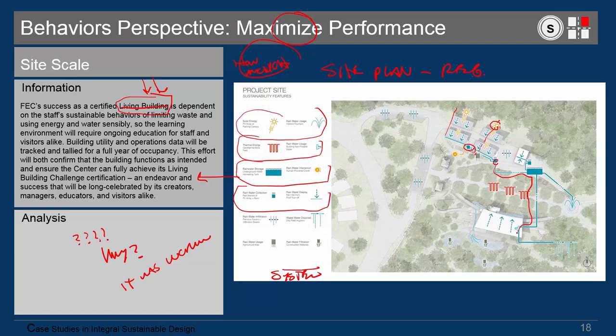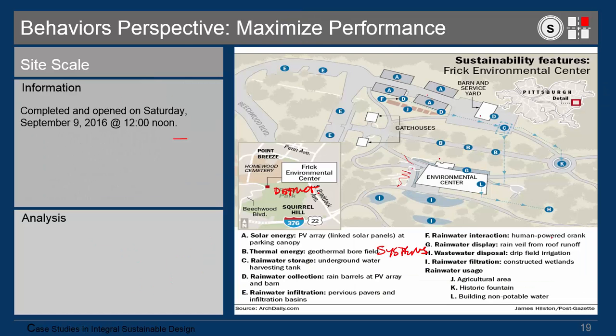Oh, look at that. That's interesting. They're dispersing it out into the site. Wastewater disposal, right. So what's really interesting here is they're taking runoff, storing it, using it in the building, and then they're actually disposing of it on site, which is something you really need to write about and talk about, because that's pretty dramatic.